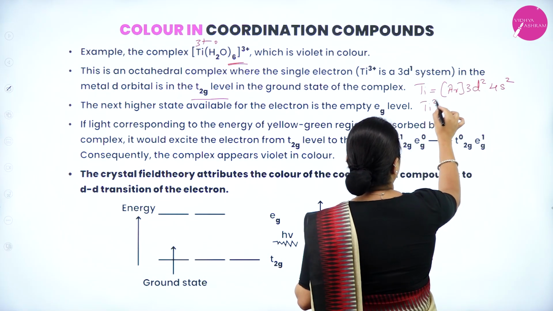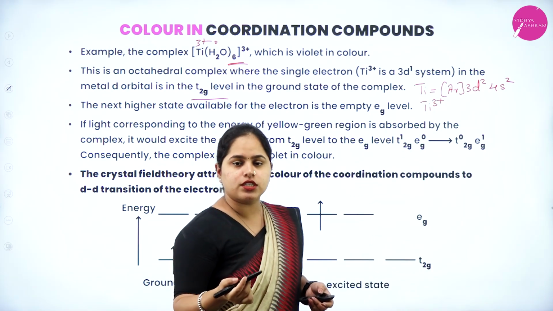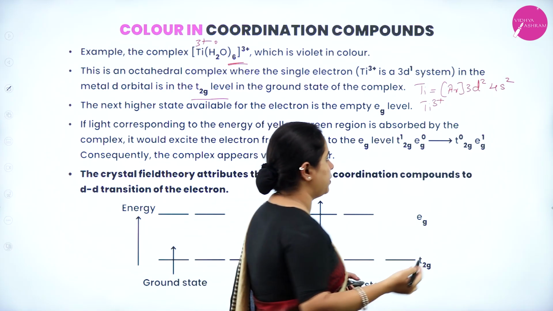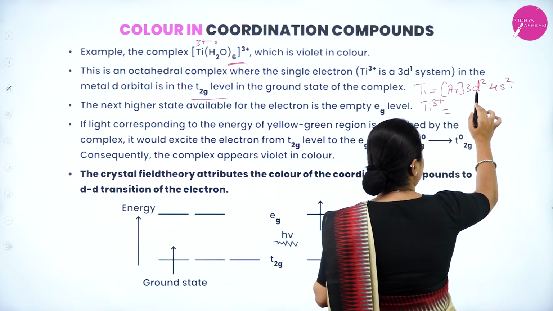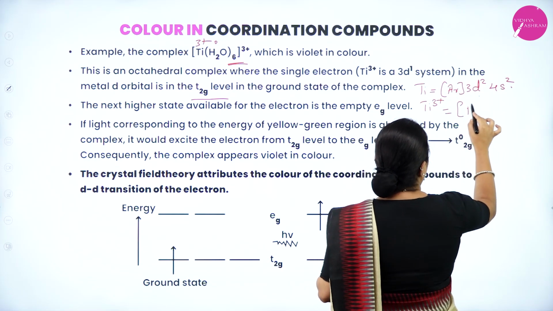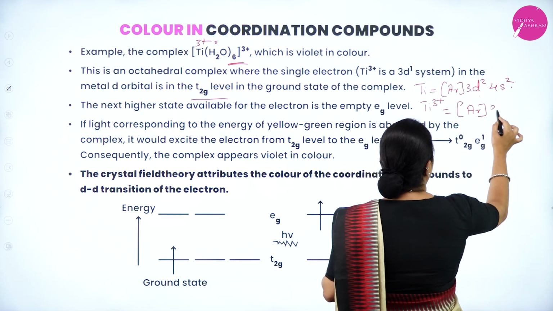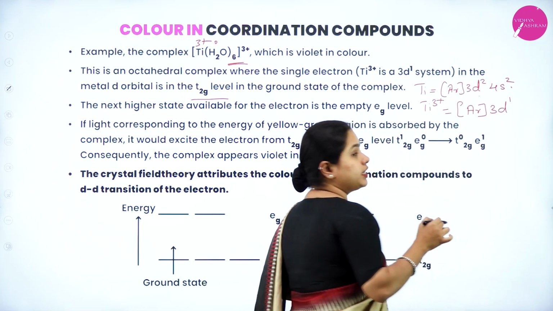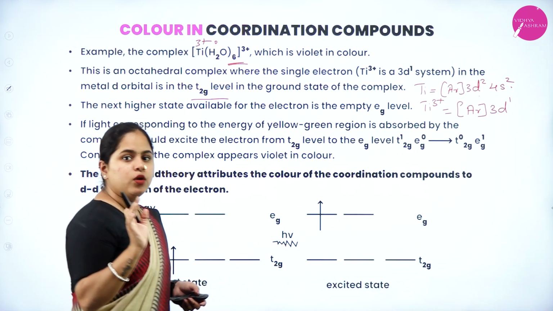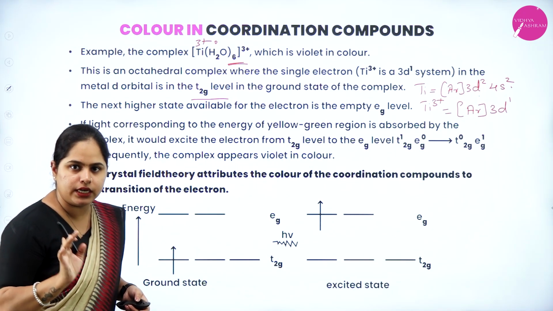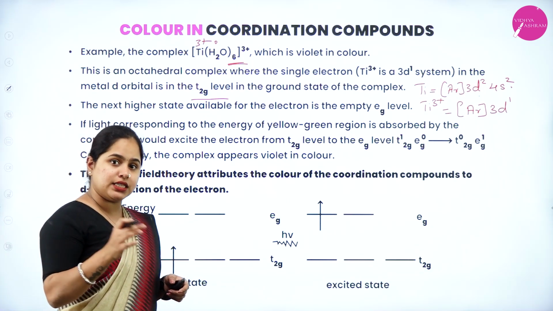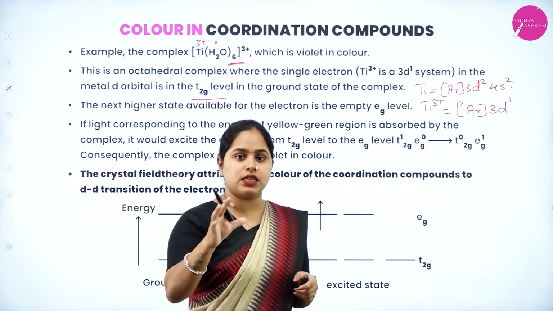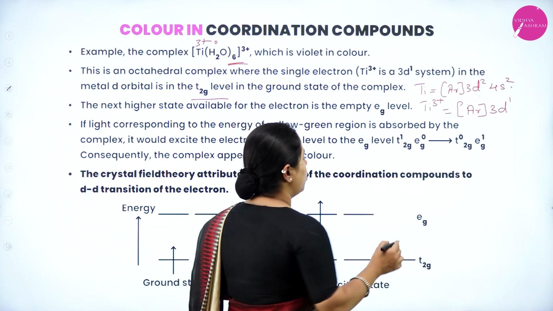It is 3+. So what happens? 2 electrons from the s orbital and 1 electron from the d orbital will go. So what will be the electronic configuration in the 3+ oxidation state? It will be 3d1. Okay. So only 1 electron is present in the d orbital. As it is an octahedral complex, in the last session we studied how the crystal field splitting takes place, right?